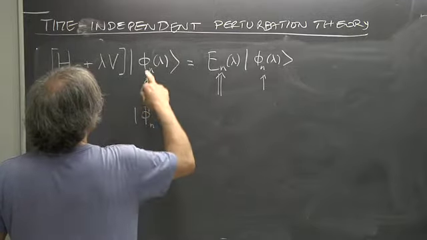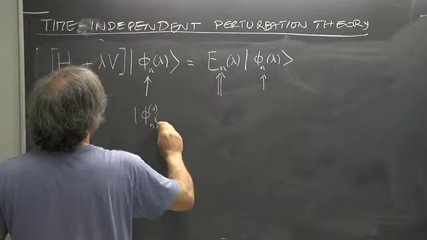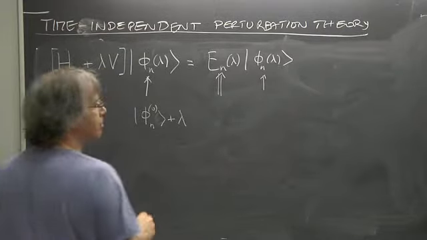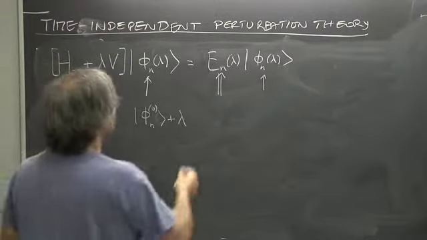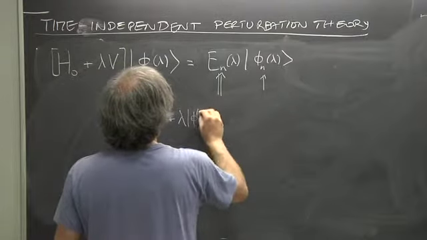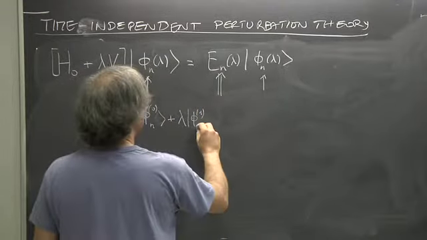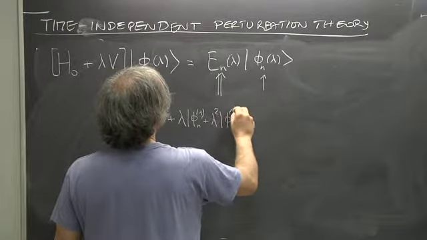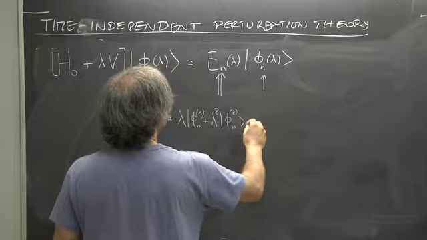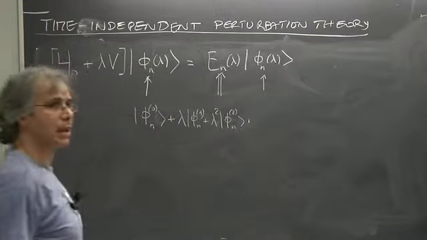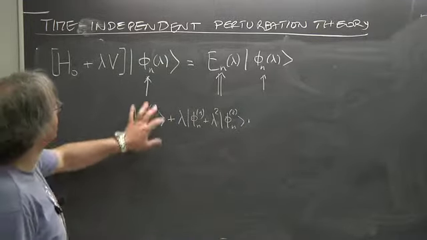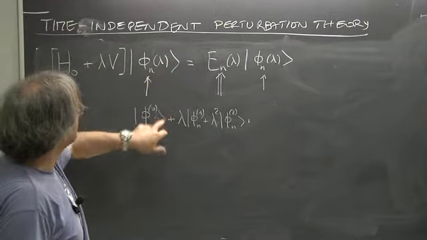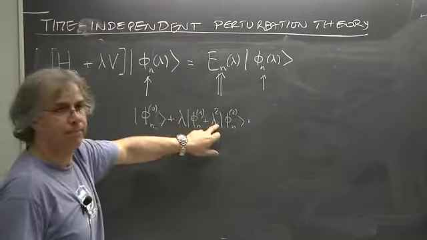The unperturbed state, when lambda is equal to 0, plus lambda, first order expansion, times some other state, which I call φ1, plus lambda squared, some other correction state, which I will call φ2.